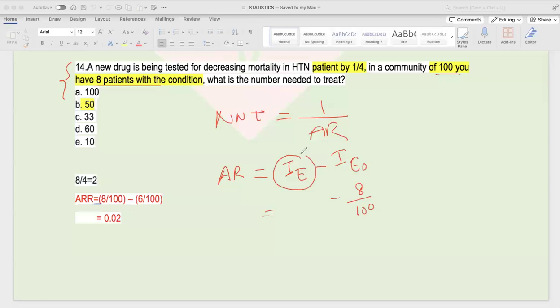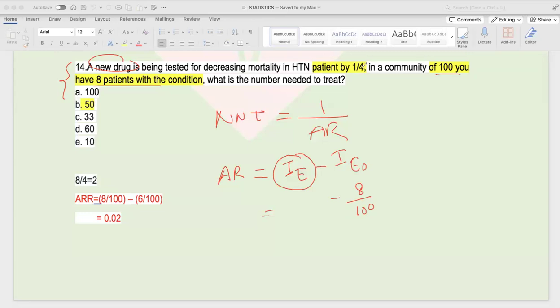What is the incidence rate in the group who are getting this new drug? So they say that a new drug is being tested and it can decrease the mortality in hypertension patients by 1/4. So this new drug has reduced the mortality by 1/4.